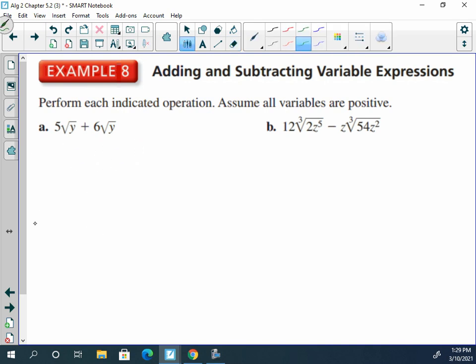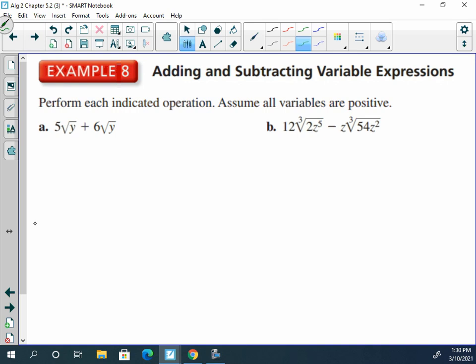Because if I look at the first one, the cubed root of 2z to the 5th, well, z to the 5th can reduce. Because when we have variables, the exponent inside can't be bigger than the root. Because if it is, that means it can reduce. Now, the other one, the cubed root of 54 z squared. Well, z squared is fine. I can take the cubed root of 54, or I can simplify the cubed root of 54.